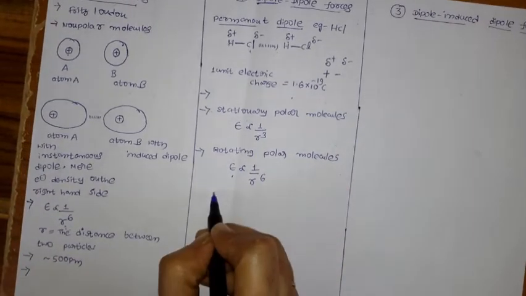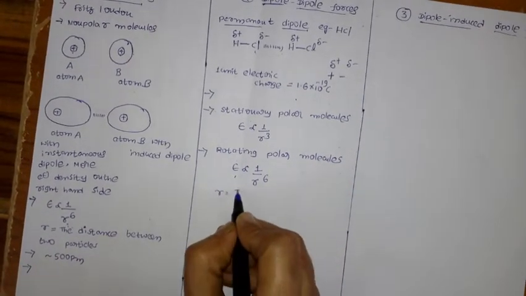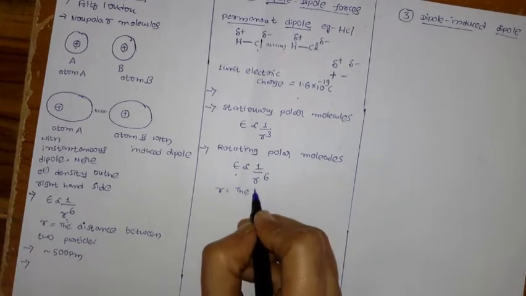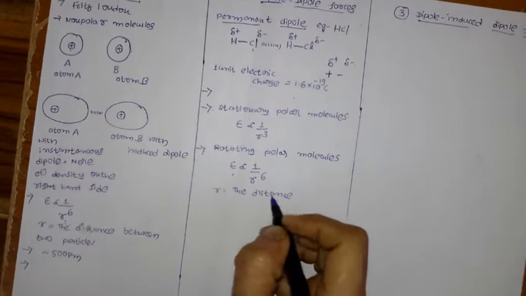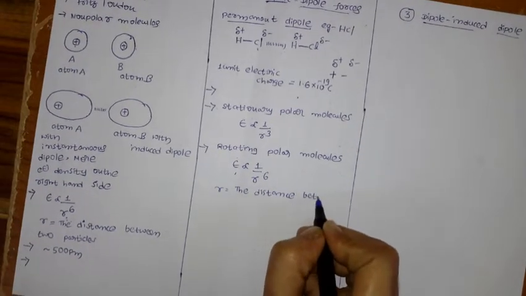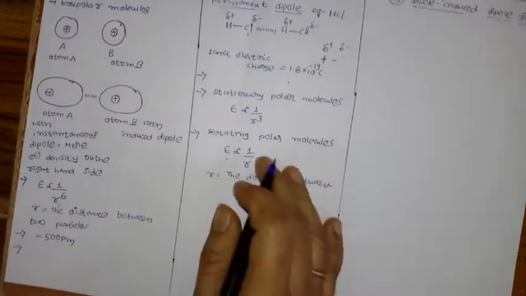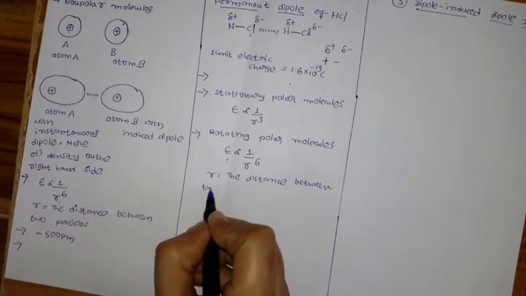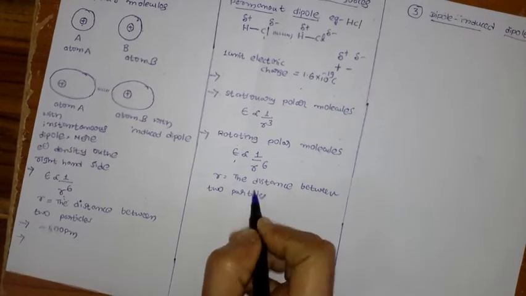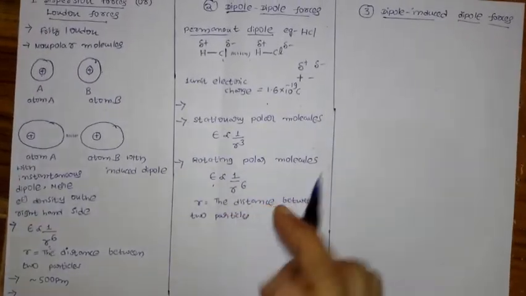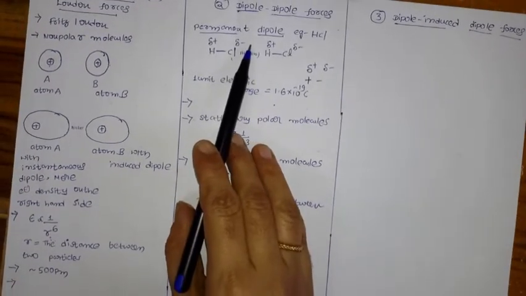As we already discussed, r is the distance between the two particles. So here you have to remember permanent dipole.